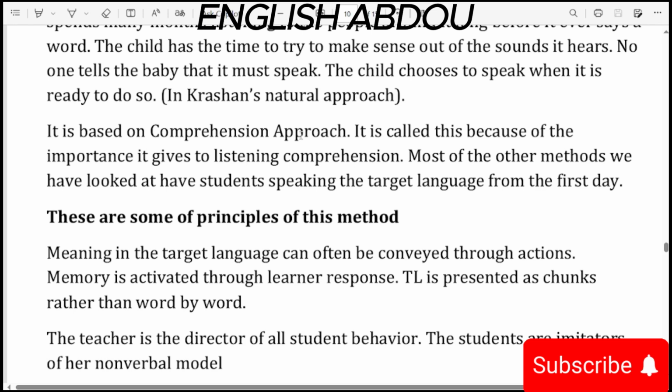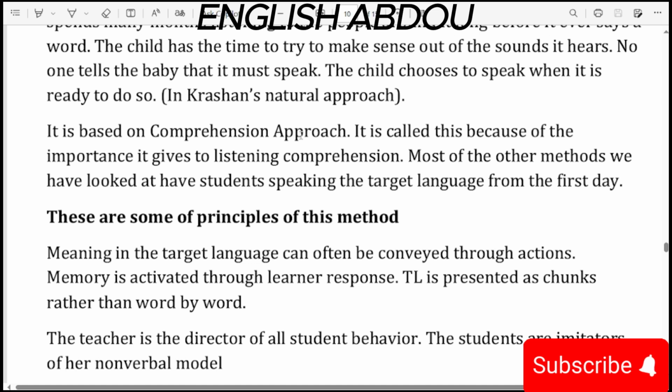So listening is very important when they understand and coordinate what they understand with actions. For example, a teacher will say, I'm hungry, and puts his hands on his abdomen or stomach. Or he says stand up, and does it by himself, stand up and sit down, and of course the students will imitate him.